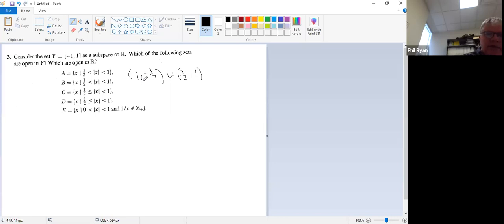B is -1 to -1/2 union 1/2 to 1. C is the other direction, -1 to -1/2 union 1/2 to 1.